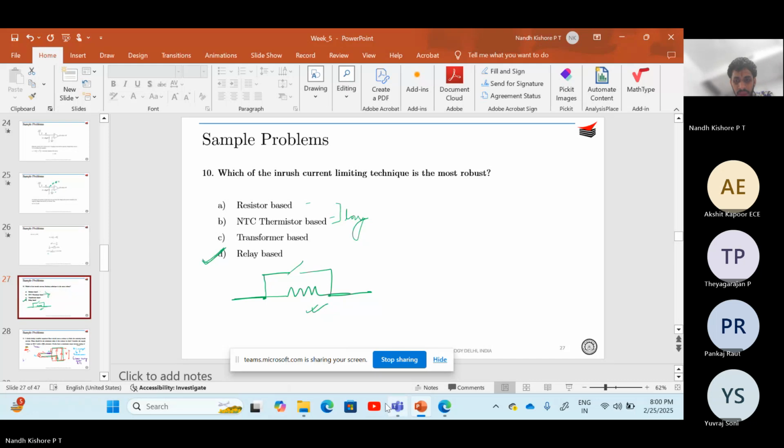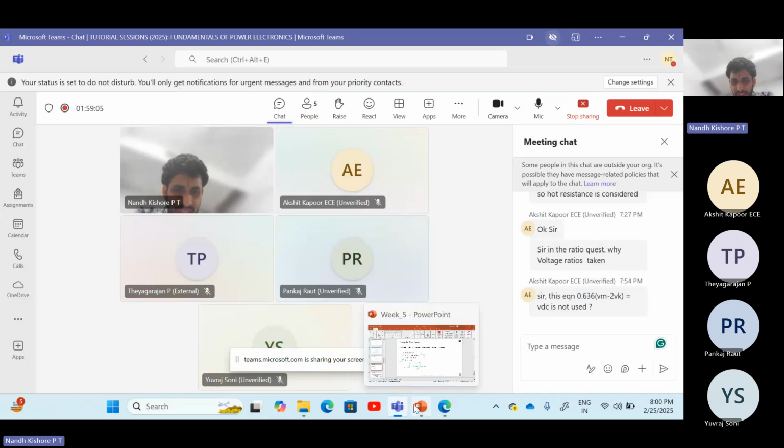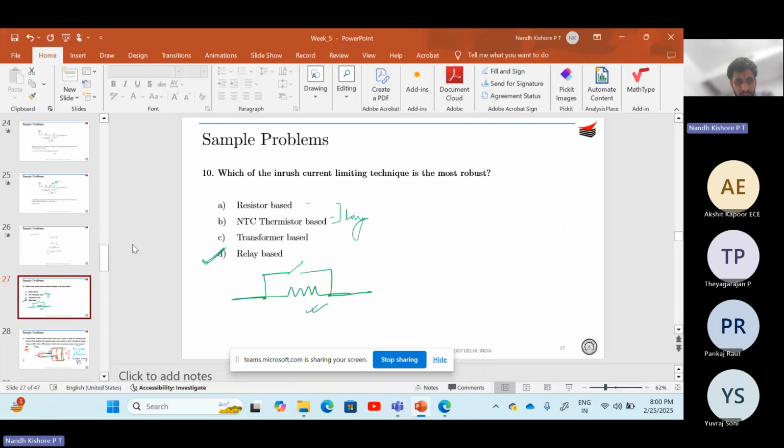Okay. So this equation 0.636 into Vm minus 2 Vk. So where did we see this question? 0.636. Can you tell the question number?